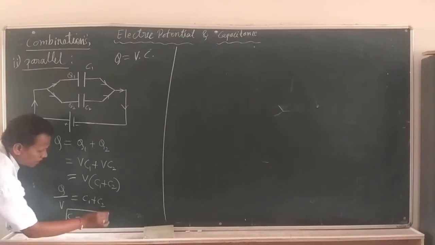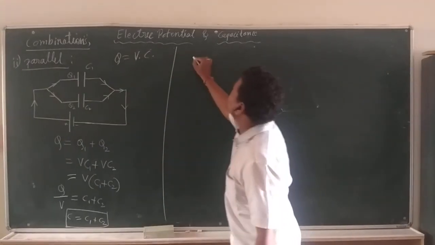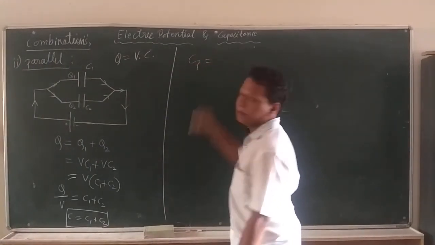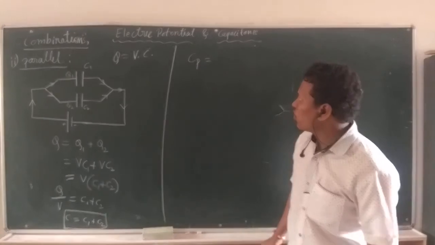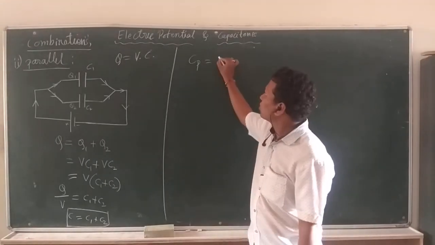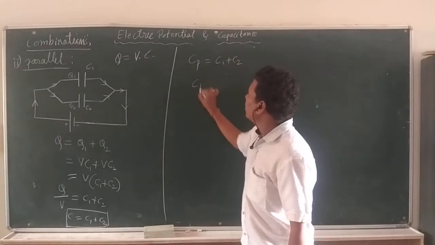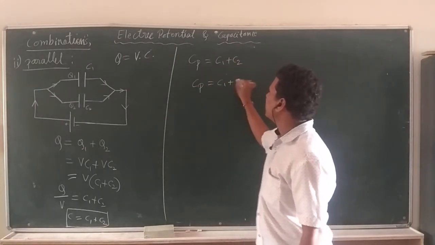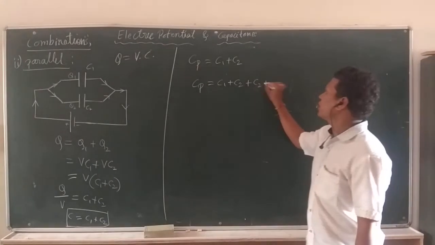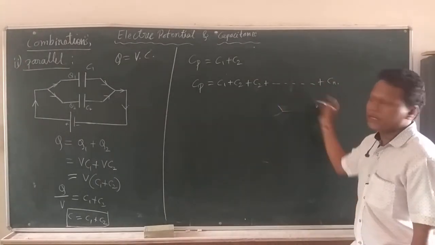This will be the parallel combination formula, where Cp is the total capacitance in a parallel combination. So Cp is equal to C1 plus C2. If n capacitors are connected, Cp is C1 plus C2 plus C3 and so on up to Cn. This is the formula we need to remember.